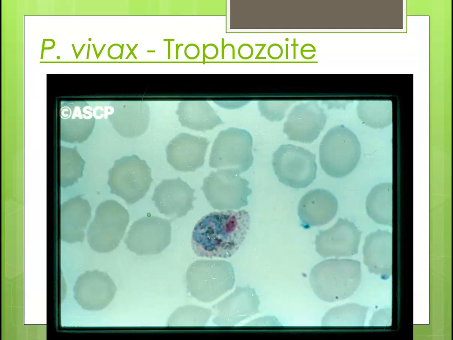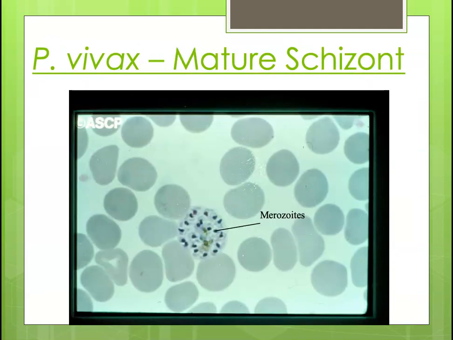And that's not unique for vivax, that's just another description to describe the trophs. This is a beautiful picture of a mature schizont where I can see the individual merozoites and they each contain their own ring of cytoplasm. I also see some of that brown hemozoin malarial pigment here.